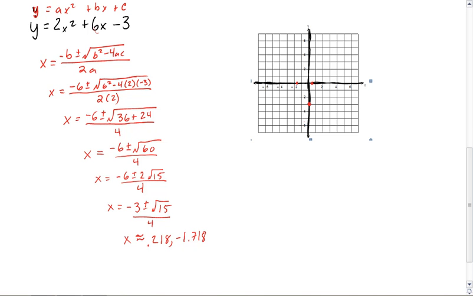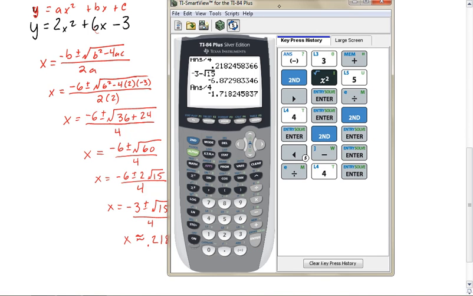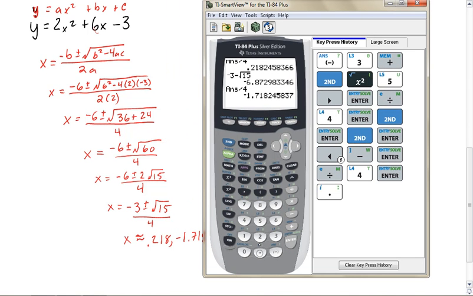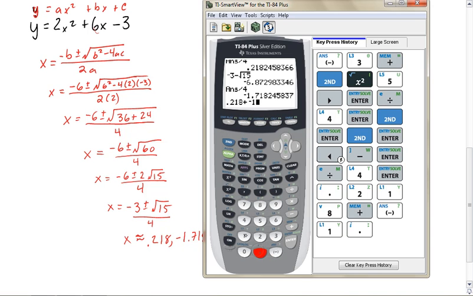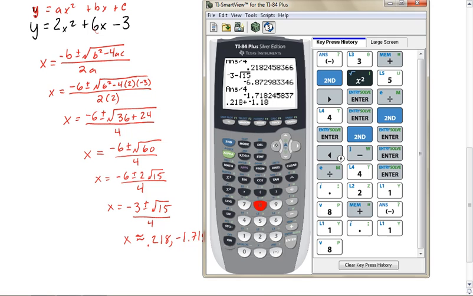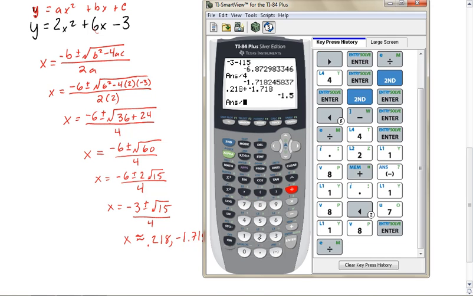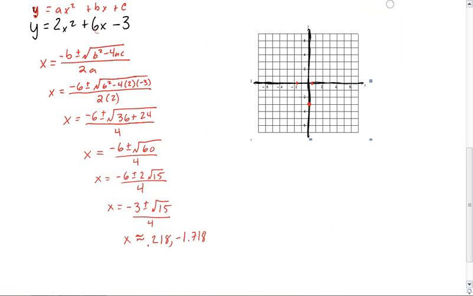Okay, now we know that the axis of symmetry is right in between these two. And so we can take that 0.218 and the negative 1.718 and find out what's right in the middle. So let's do that. We'll take 0.218 plus negative 1.718, and then we'll divide that by 2, and we get negative 0.75.